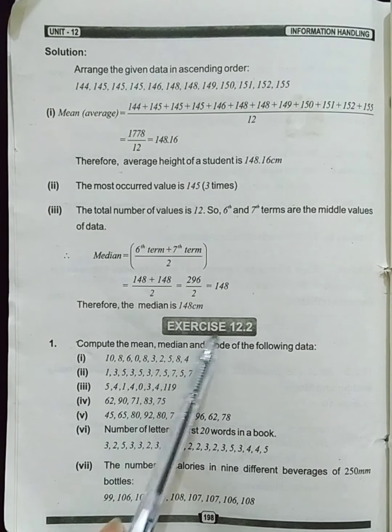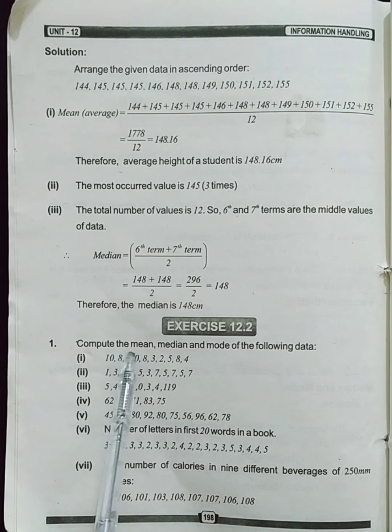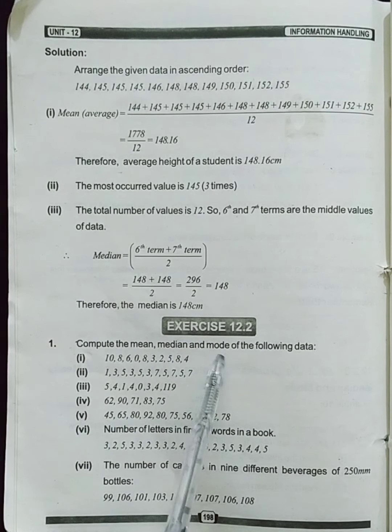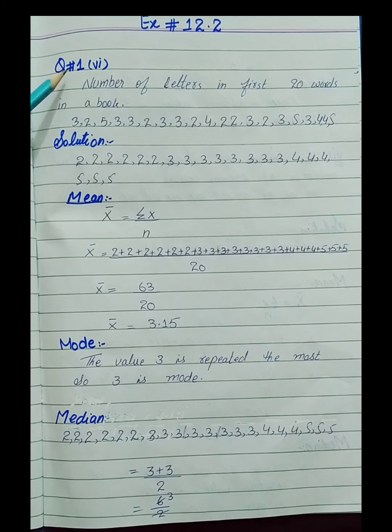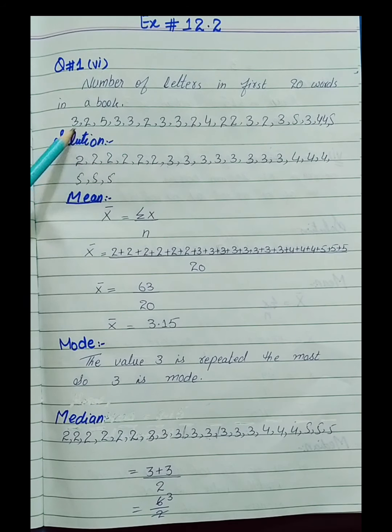Exercise 12.2, question number 1. Compute the mean, median and mode of the following data. Now we start exercise 12.2, question number 1, fourth part. Firstly, see the data which is ungrouped data. We have two types of data, grouped data and ungrouped data.